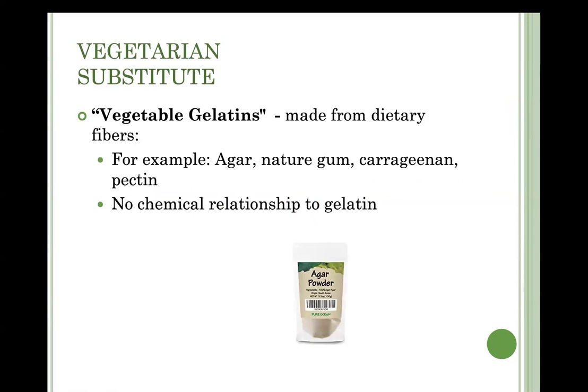Pectin, we spoke about it several times. We find it in our apples. Carrageenan is found from seaweed. These have no chemical relationship to gelatin. So if you're serving someone that is kosher or vegan, vegetarian, this is a good option.